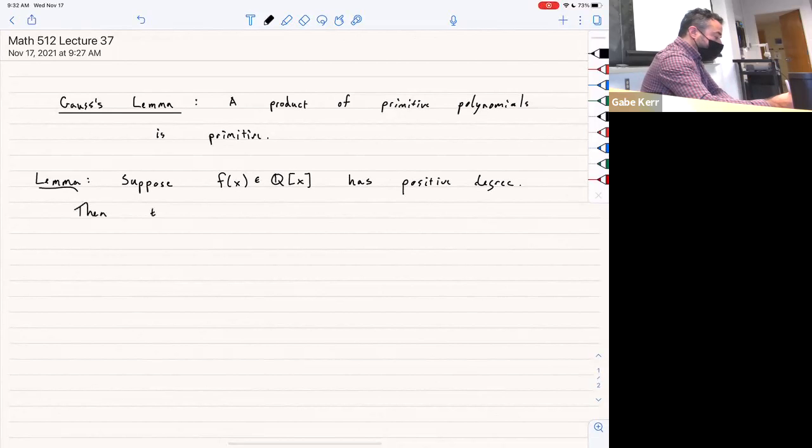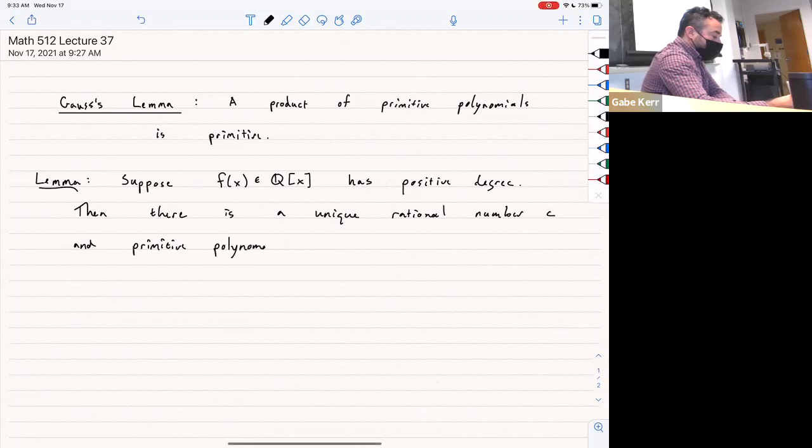Then there's a unique rational number c and primitive polynomial f naught of x satisfying this equality.